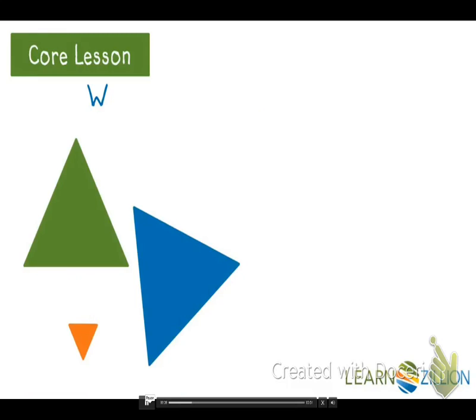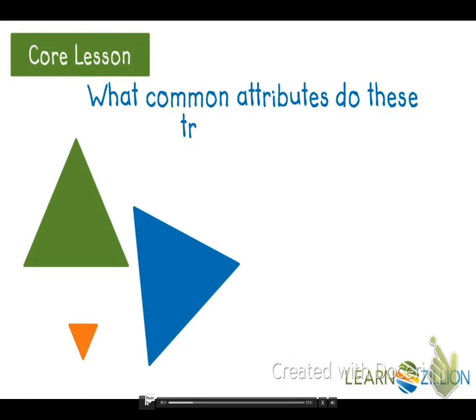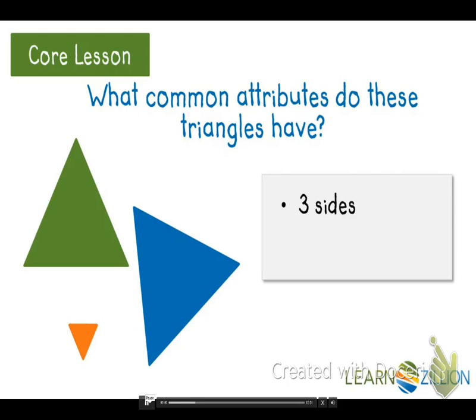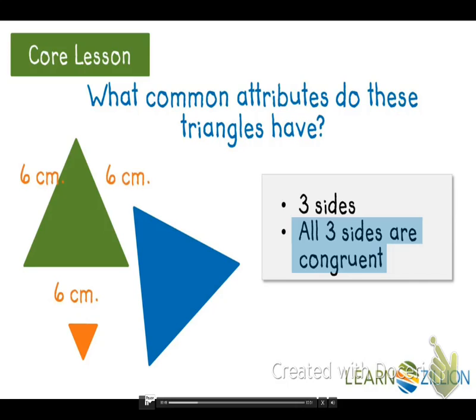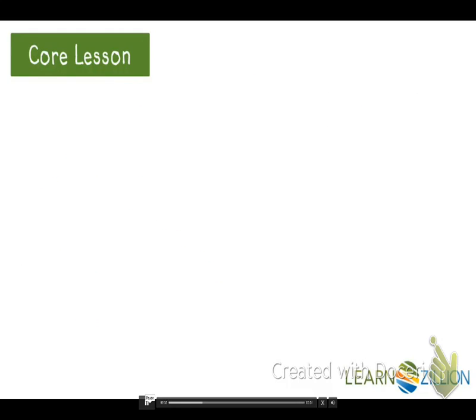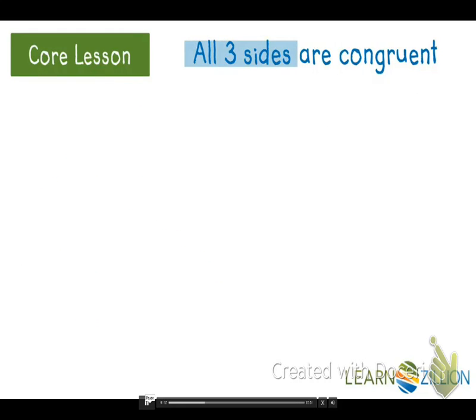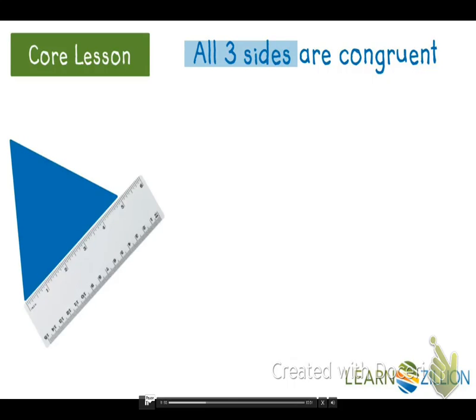What attributes do these triangles share? 3 sides, and all of them have 3 sides that are equal in length or congruent. What do we mean by congruent sides? Congruent sides mean that all 3 sides are equal length if we measure them with a ruler.